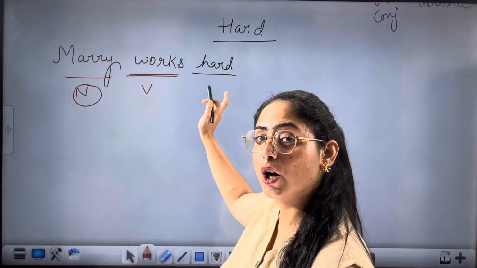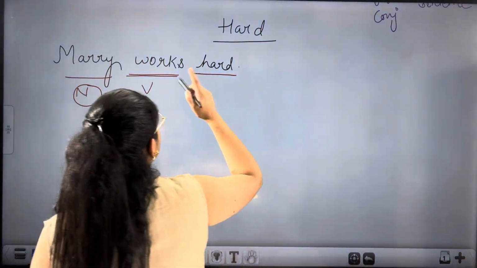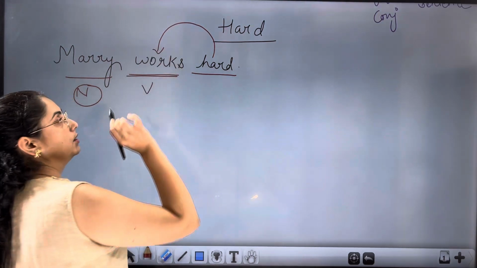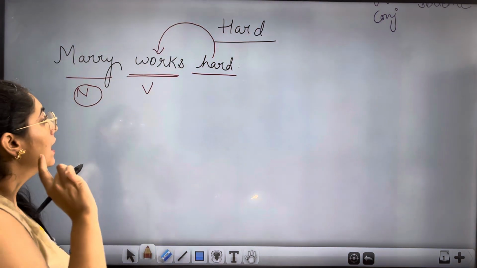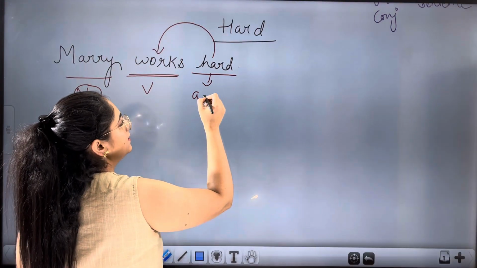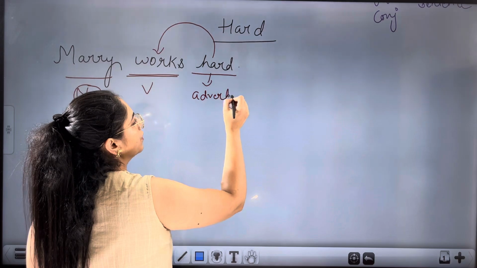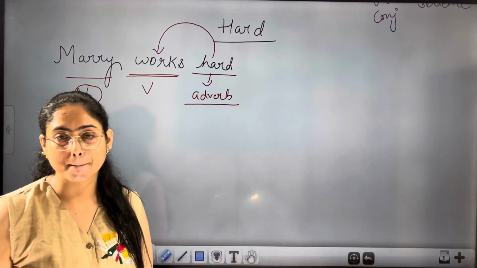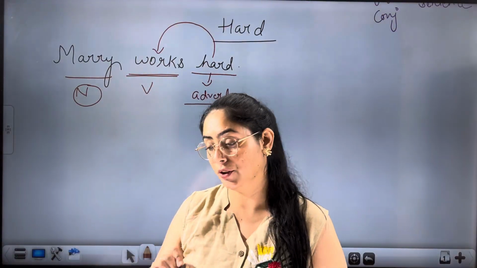Here, hard is not qualifying Mary. Hard is used for whom? Hard is qualifying this verb. If a word is qualifying a verb, then it is acting as an adverb.